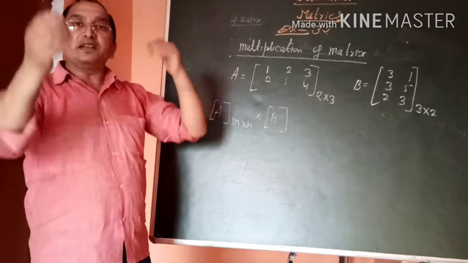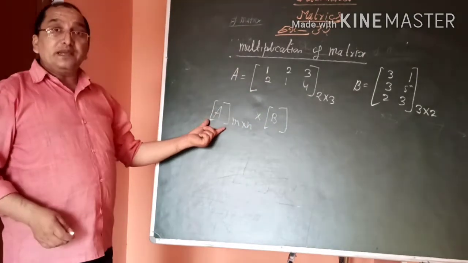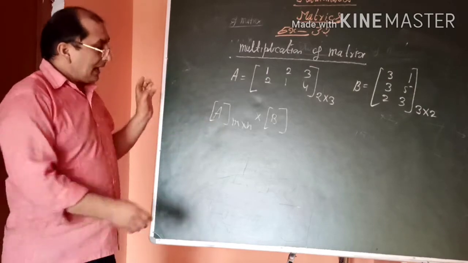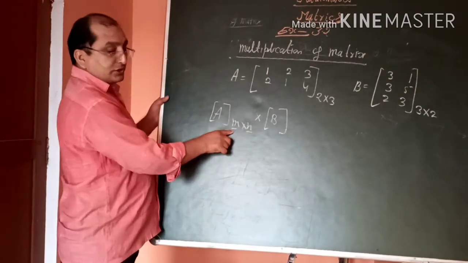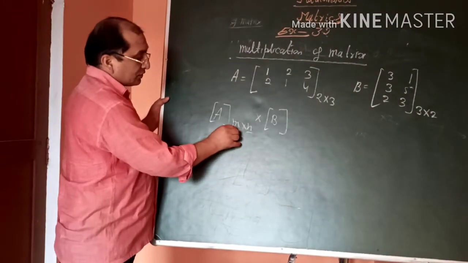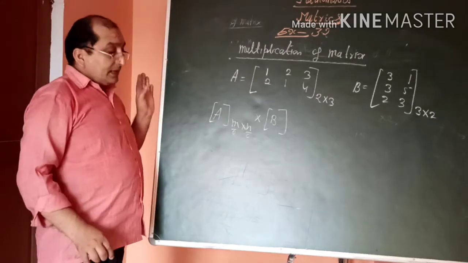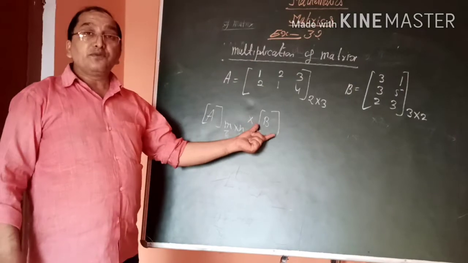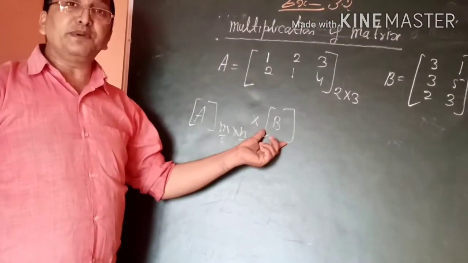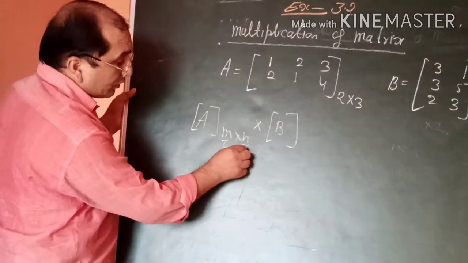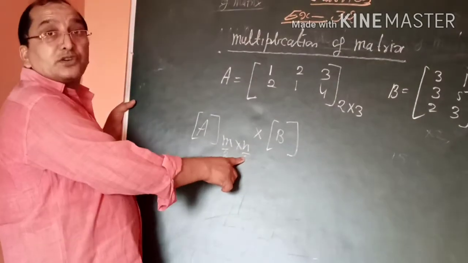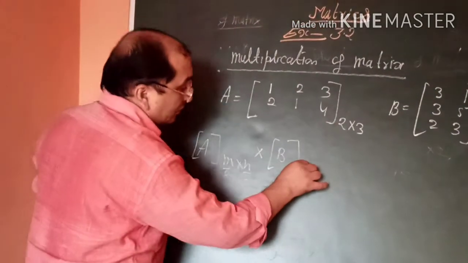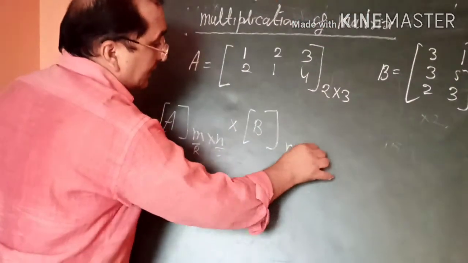But in the case of multiplication, if matrix A has order m cross n, m is the row and n is the column. For multiplication with another matrix B, its number of rows should be n, so it should be n cross k.